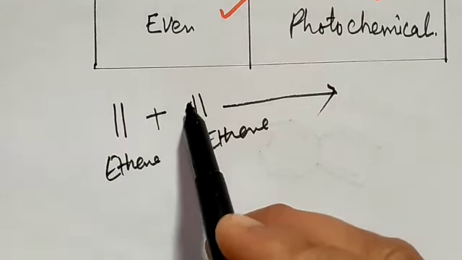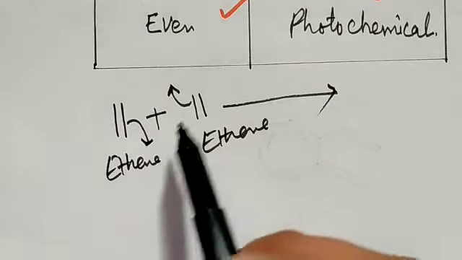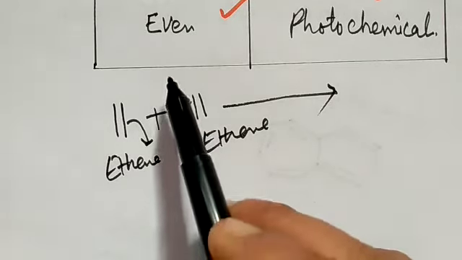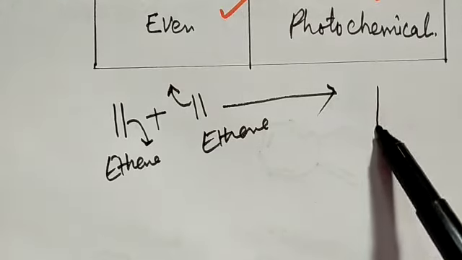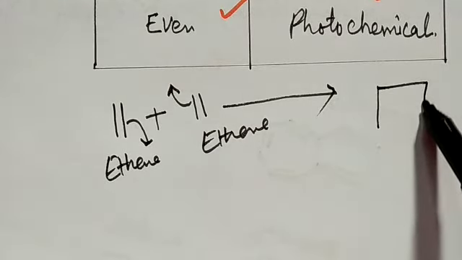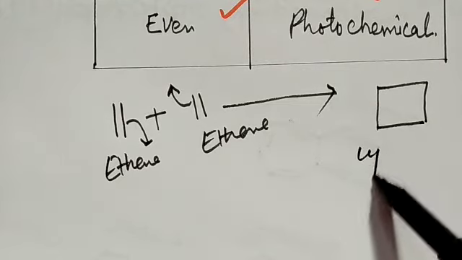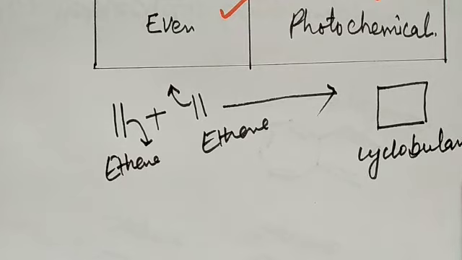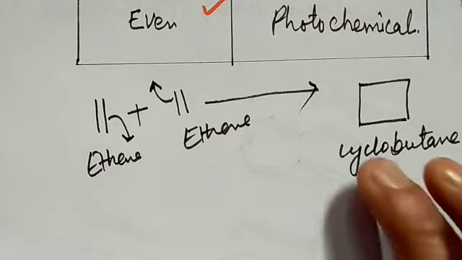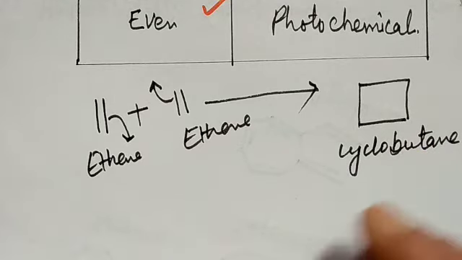These electrons shift to this side, these electrons shift to this side, meaning this bond shifts to this side, this bond shifts to this side, and we get a product like this one. This is cyclobutane, right? This is cyclobutane.